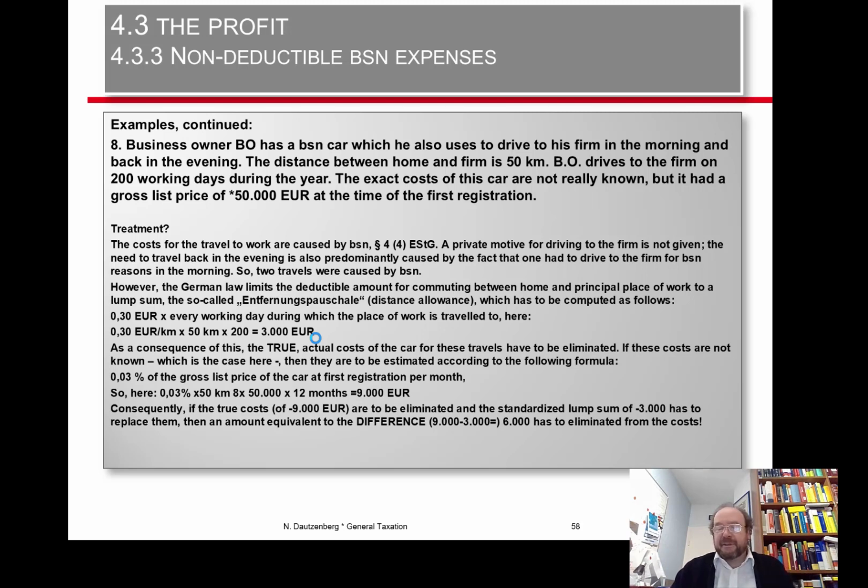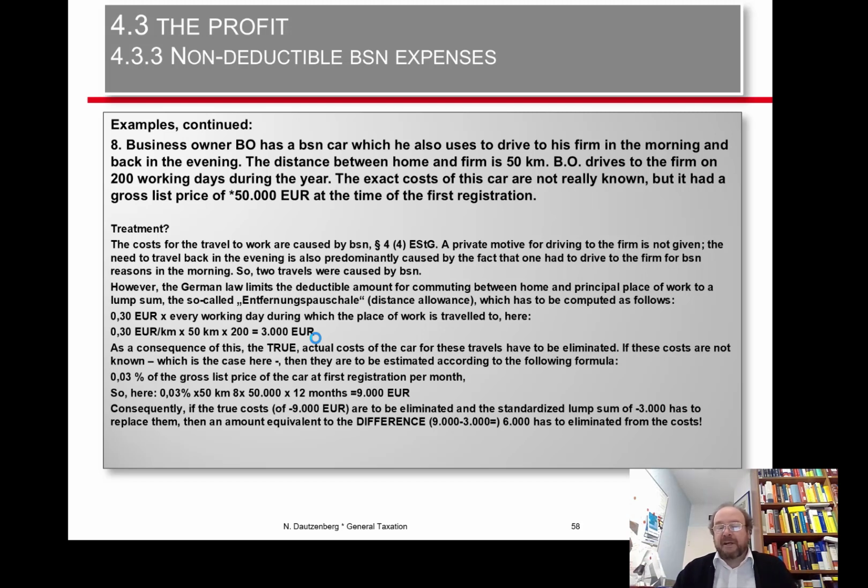Here, this is the 2020 situation still, so you get a deductible amount, a distance allowance or Entfernungspauschale of 30 cents per kilometer per working day. Now, 200 working days, let's imagine that were used by a business owner, 50 kilometers and 30 cents, so 3,000 euro.